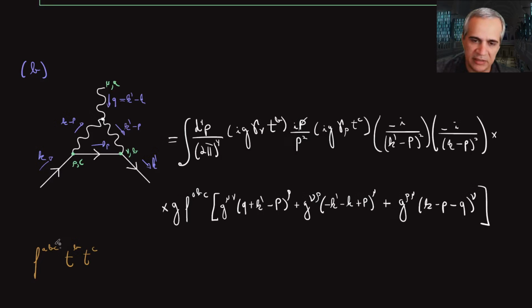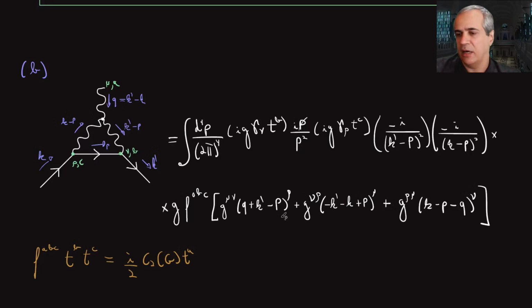This is an anti-symmetric matrix, so you can get the anti-symmetric part just by symmetrizing. You add half of it with half of it, and you get i over 2 times C2G T^A. So I can make a commutator appear here because only the anti-symmetric part of this object survives.